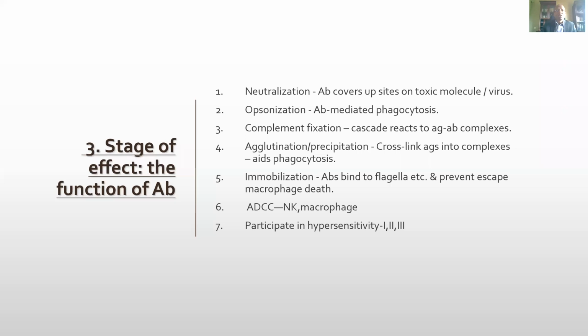Now, the antibodies, and we'll teach you this better, you need to know how the antibodies are able to eliminate a pathogen. There are 7 characteristics which you need to learn. One of them is neutralization, where the antibodies cover all the sites which are able to be recognized by our cells. When they do that, we call that neutralization.